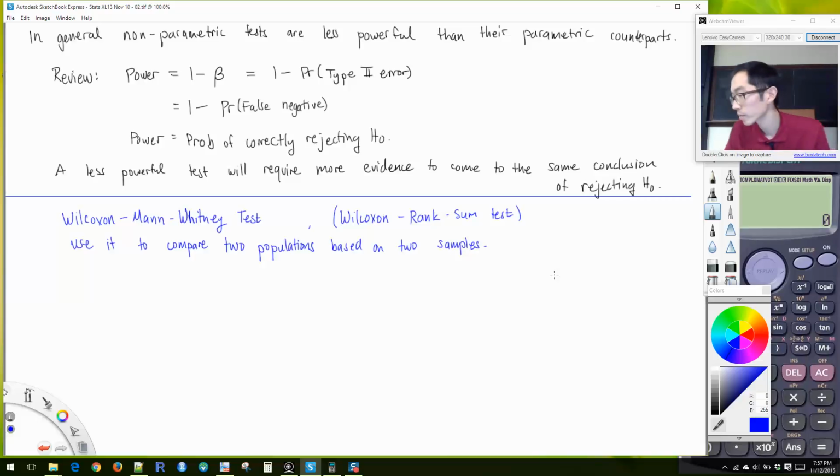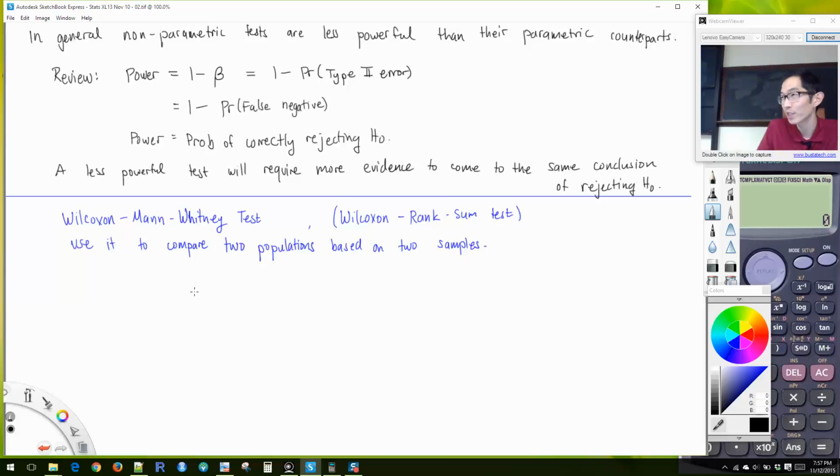But the slightly odd part is that when we write our hypotheses, we don't use the parameter mu, okay?